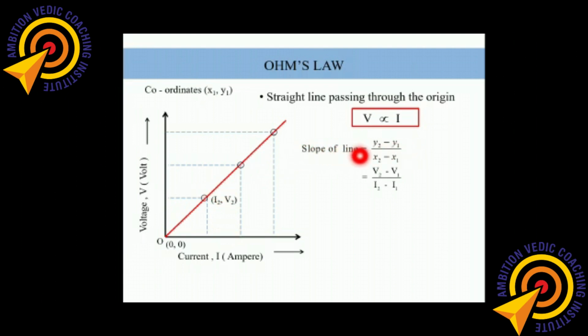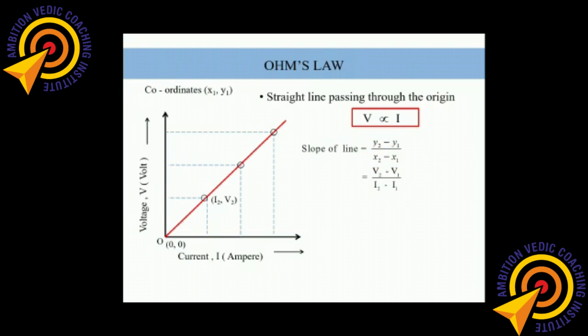The slope of a line is always calculated by taking the difference of two values on the y-axis divided by the difference of two values on the x-axis. It could be any two values. Here we have taken y2 minus y1.